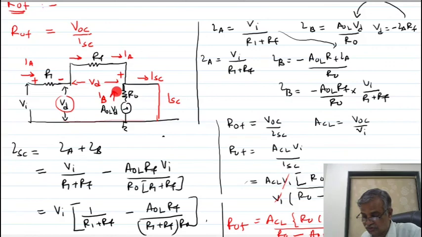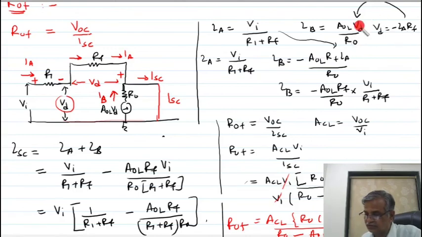This current will flow, the total current is ISC, that I have to find. The way I have determined IA is this voltage upon this resistance. This is short circuited. So VO is equal to what? VI upon this is nothing but IA. What is VD? This I have already written. What is IB? This voltage upon R, that I have written.